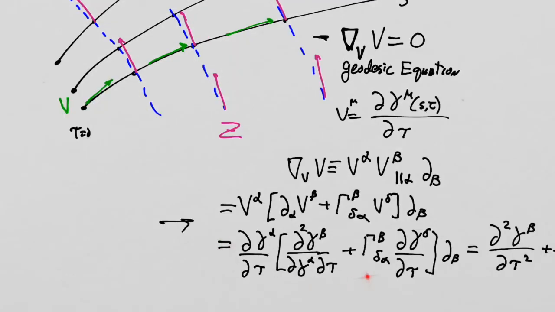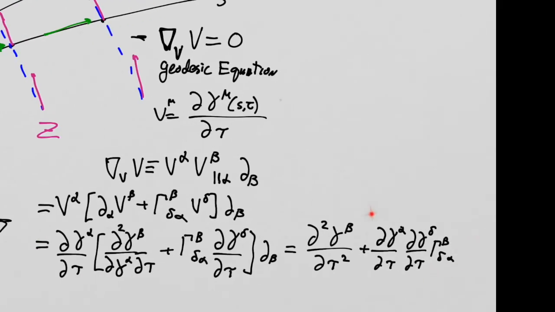In fact, if you went back here, it'd be like taking this guy and subtracting a whole other one. But here I need to show explicitly that this is an equation for gamma beta of S, and another version would be for gamma beta of S plus delta S. So I guess I need to write S, tau, and then this is S plus delta S, tau.